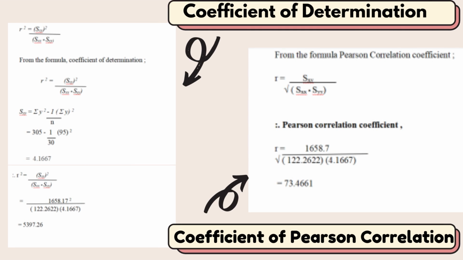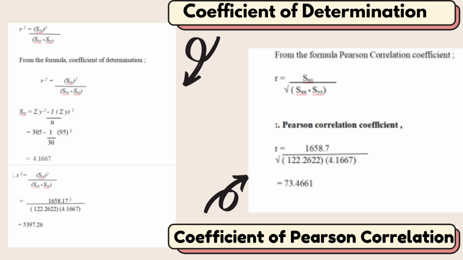Welcome to this part, Doctor. My name is Michelle Ino Anak Saleh. For this part, I will be discussing the coefficient of determination and Pearson correlation from our case study. The coefficient of determination measures the variation of the dependent variable that is explained by the regression line and the independent variable x. The symbol for the coefficient of determination is r squared. To find its value, we need to find the value of Syy.